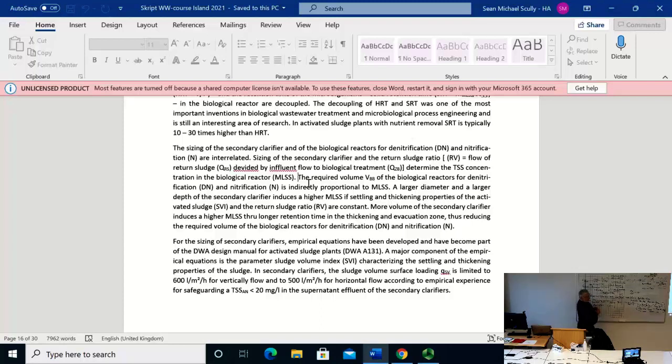No? So the scraper is normally determined by the system, but sludge volume index and return sludge ratio are the two parameters that interrelate the clarifier sizing and the biological reactor sizing. Fine.